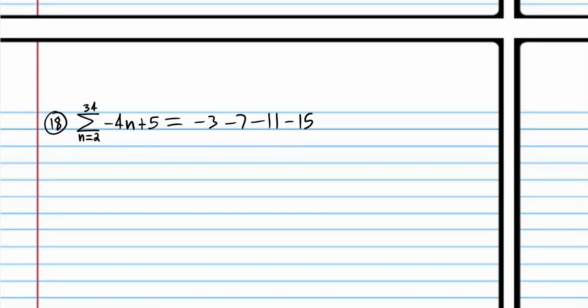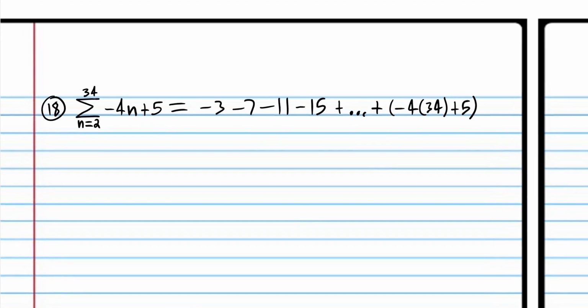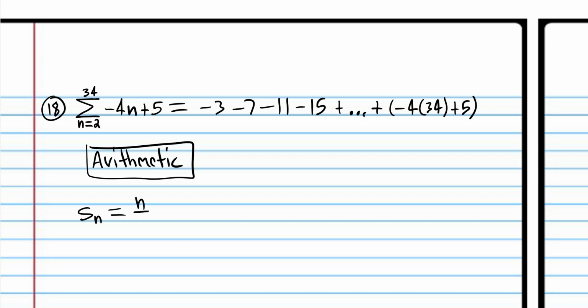And on and on and on. So the last term would be negative 4 times 34 plus 5. So this is obviously an arithmetic sequence. So we can use our formula for the sum of the first n terms of an arithmetic sequence.